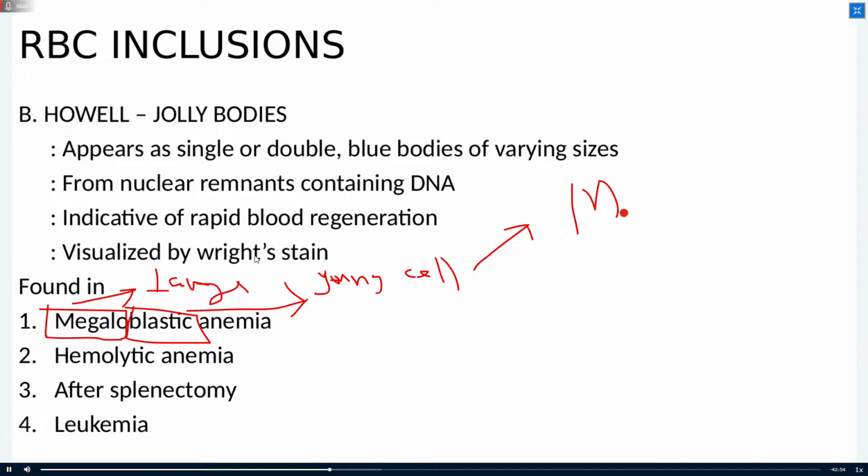Oh, megaloblast. But what's the appearance of your cell here? They would appear macrocytic.